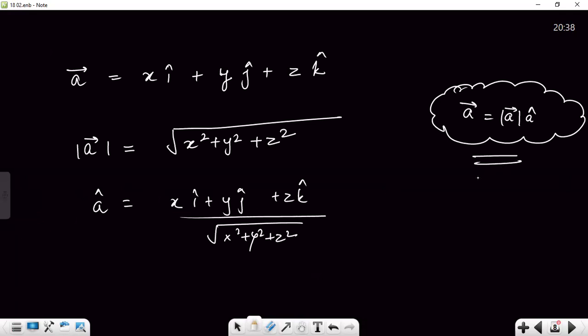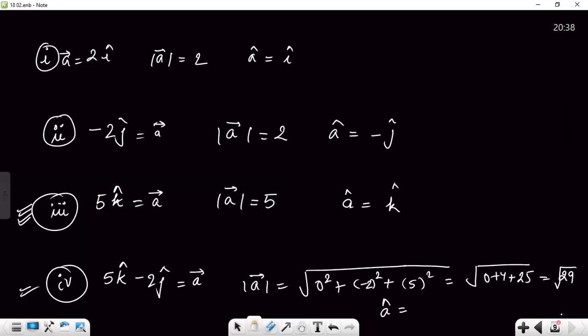Look here. Divide the vector by its magnitude to find out the unit vector. What is the vector here? 5k cap minus 2j cap divided by root 29. So that's the unit vector. Simple. That is the unit vector.